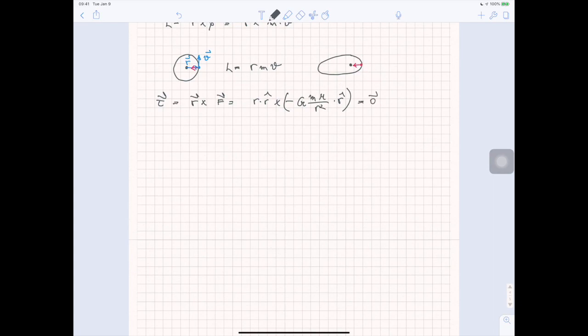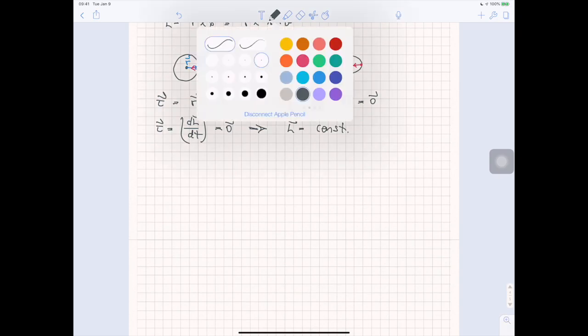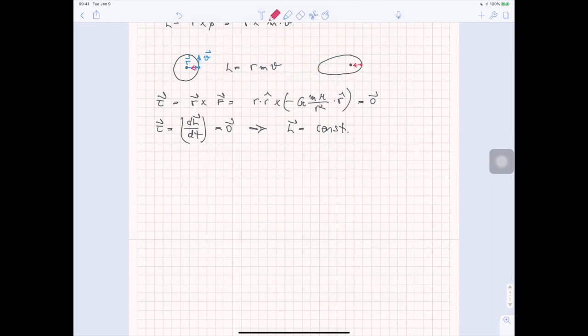Therefore, since torque equals dL/dt, and this is 0, you conclude that L as a vectorial quantity is conserved.